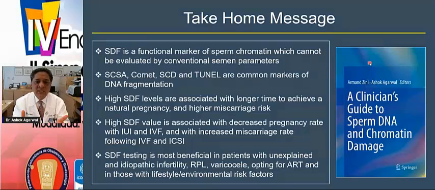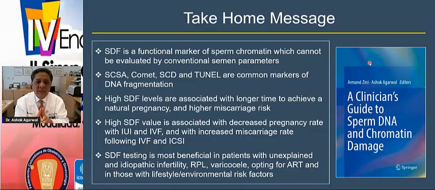High levels of DNA damage are associated with a longer time to achieve a natural pregnancy and a higher miscarriage risk. This has been shown by multiple studies that I shared with you, whether with natural pregnancy, or in the setting of IUI, IVF, or ICSI. High sperm DNA fragmentation is related with decreased pregnancy rate with IUI and IVF, and with increased miscarriage following IVF and ICSI.